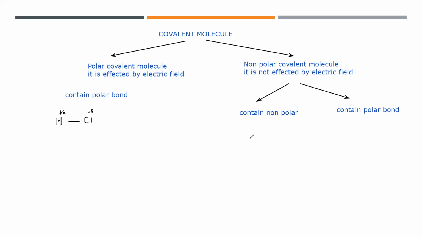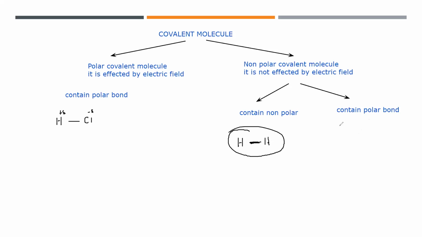But a non-polar molecule which contains non-polar bonds, for example hydrogen. The bond is non-polar, and the molecule is also non-polar. But there may be polar bonds and yet the molecule is non-polar.